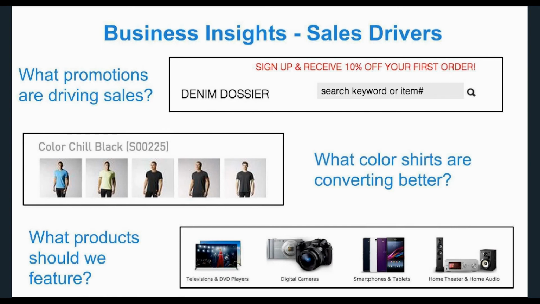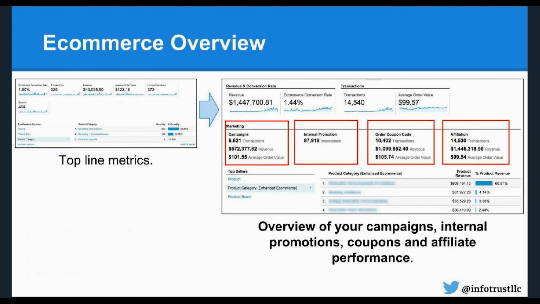It can help us identify maybe what product attributes, such as the cover or the size of the shirt, are converting better. It can help us decide what products to feature on the home page or on other pages of the website. So let me turn this over to Neil to talk a little bit more about what's new, again, in enhanced e-commerce and how it can help with these questions.